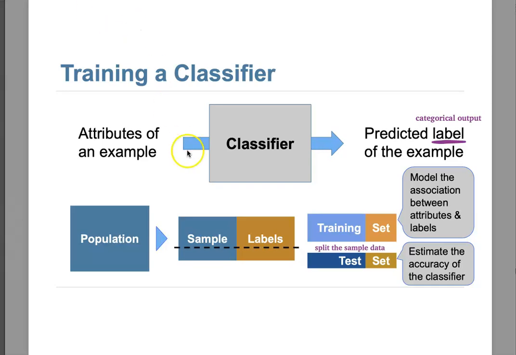So we use most of our sample data as a training set, to model the association between the attributes and the label. In other words, to model the association between our input and output. Then we use the smaller amount of the sample data set to estimate the accuracy of our classifier.